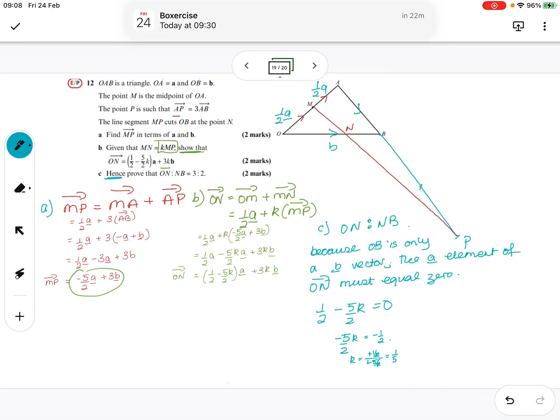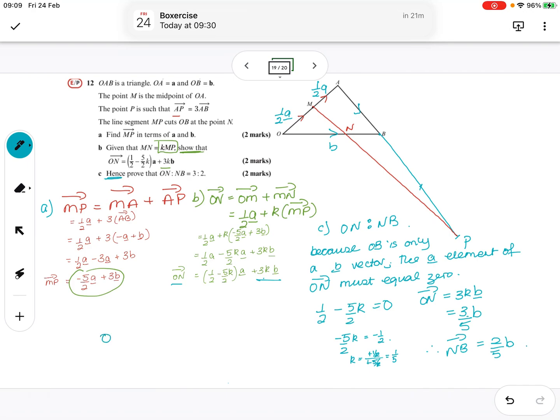Now we can work out the B element. So O to N is just 3kB, which is 3 lots of a fifth, so it's 3/5 B, which means that N to B must be the rest, which is 2/5 B.